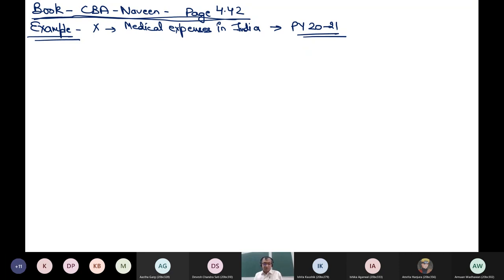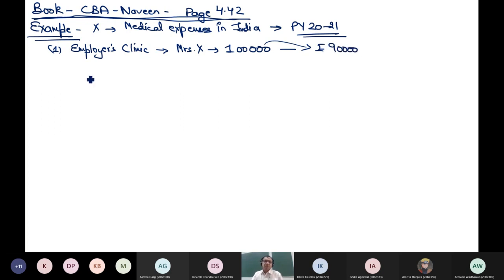Now, there are some points given on whom the medical expense is incurred and where. First, expenses incurred in employer's hospital or employer's clinic, on Mrs. X's health. How much is the expense incurred? 1 lakh. And out of this 1 lakh, how much reimbursed? Only 90,000.